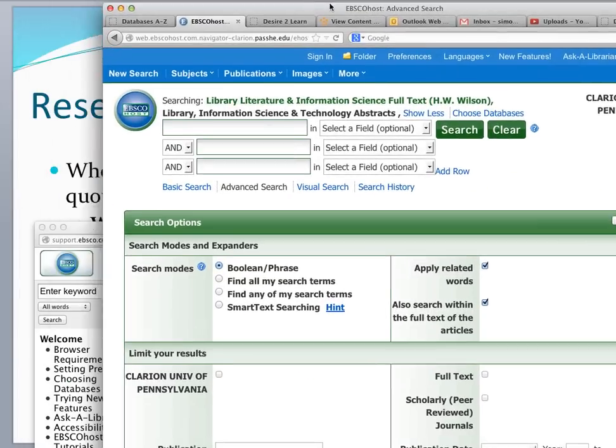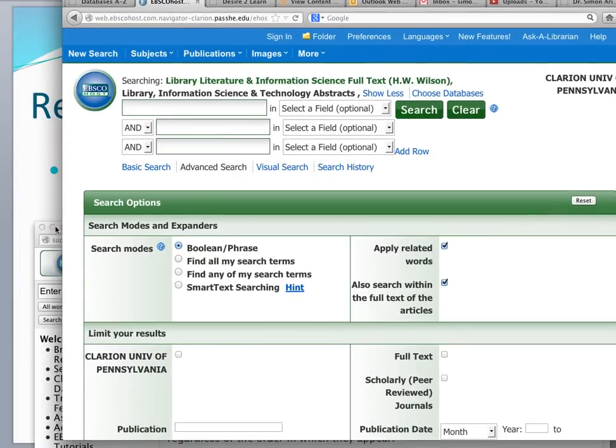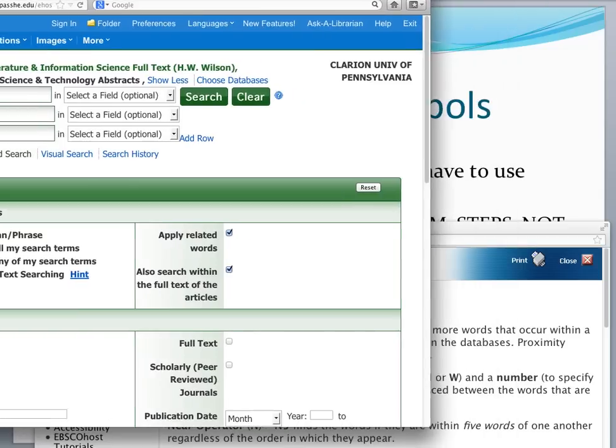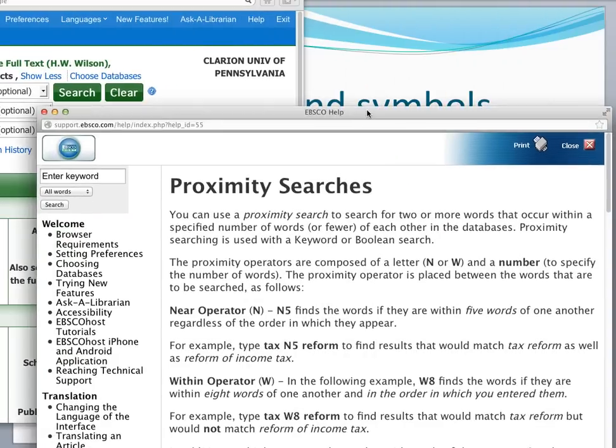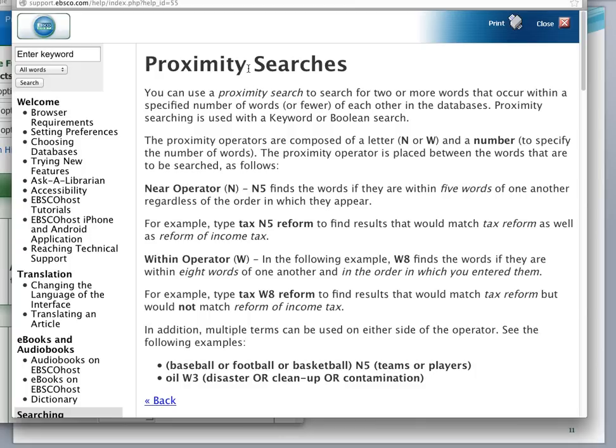Okay, let me see where my help file went. Okay, right here. So here we have the help file, and this is in terms of proximity operators. Again, this vendor, EBSCO, will have almost the same structure for all their academic databases. However, in my opinion, we always have to go to the help file to see how it works.